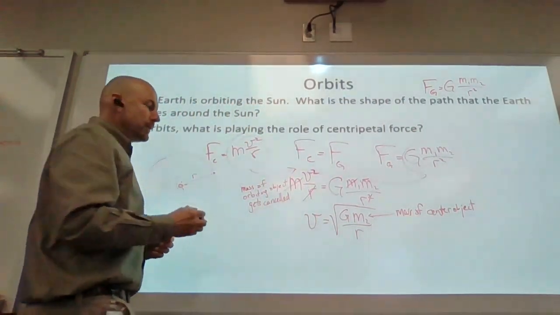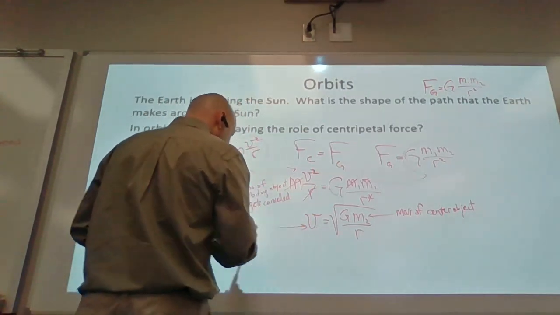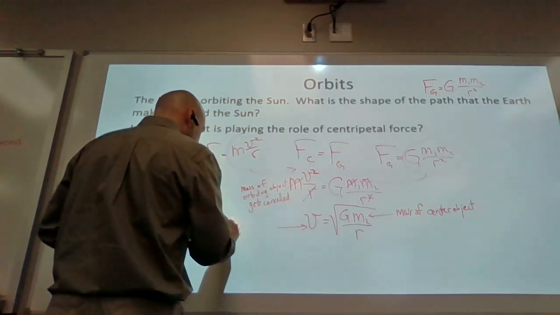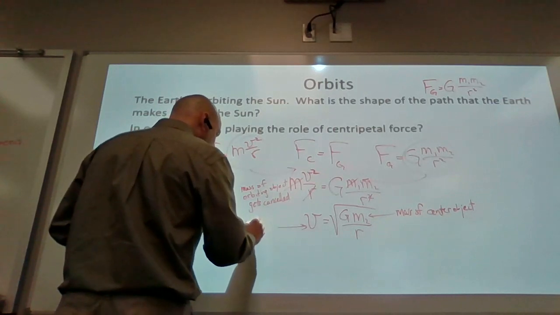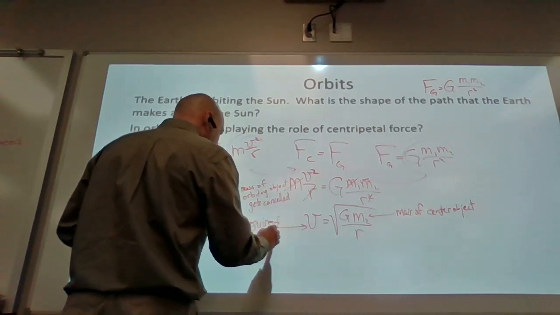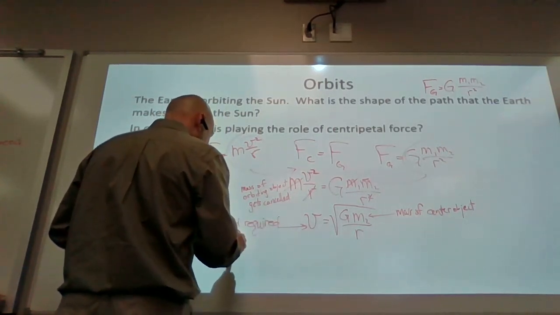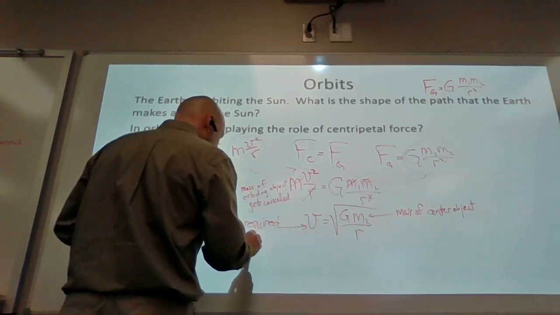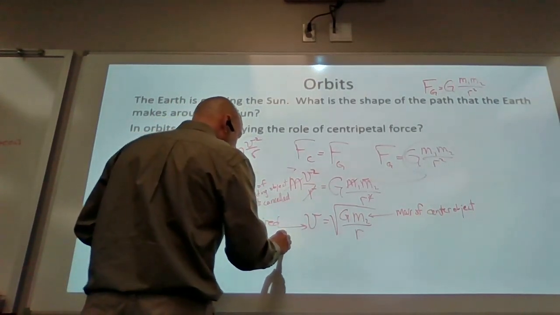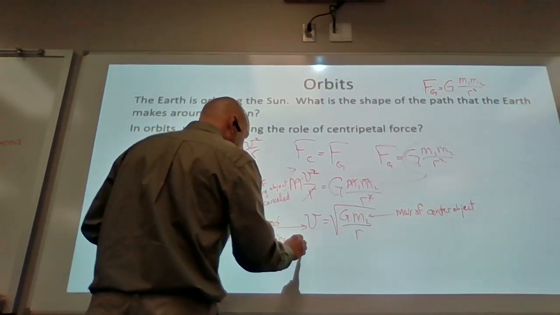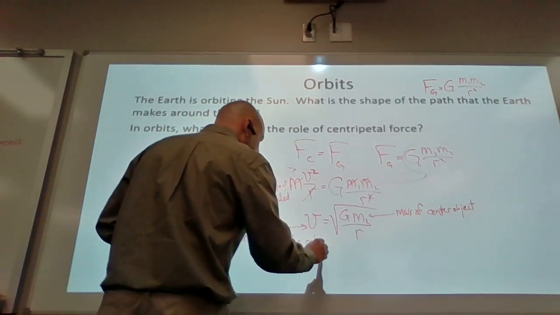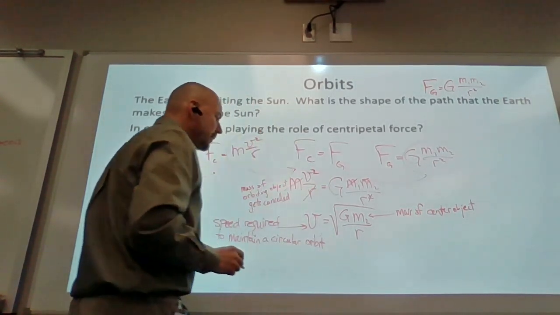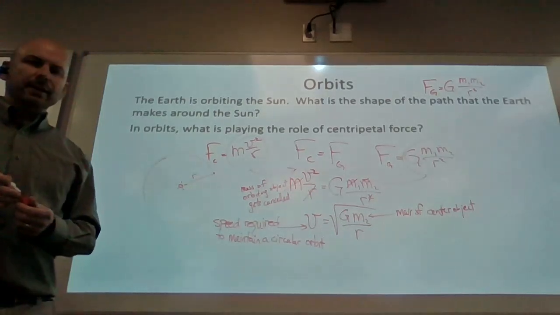Okay. And what this is, this is the speed required to maintain a circular orbit. The speed required to maintain a circular orbit.